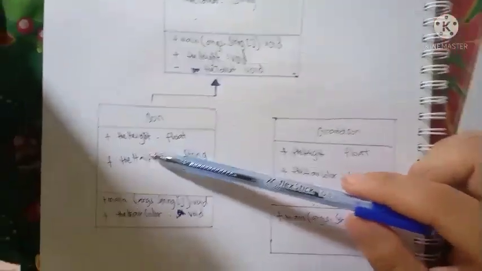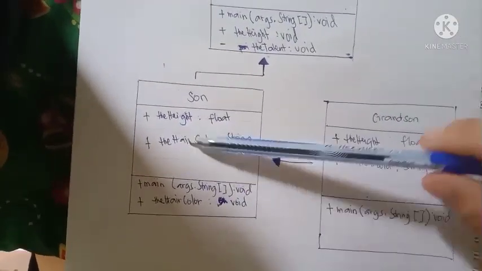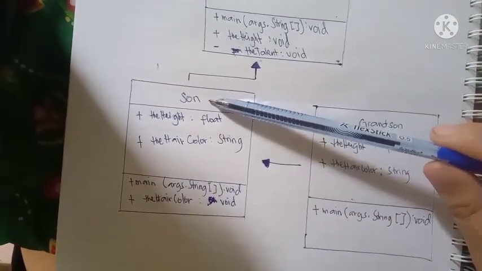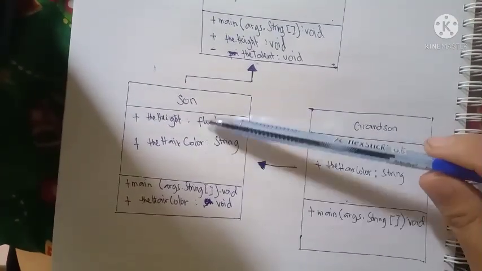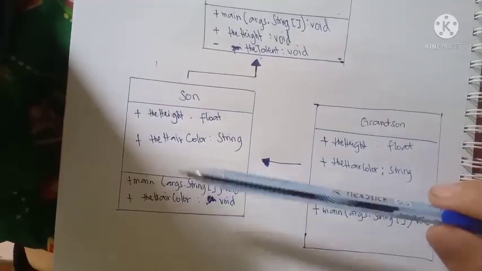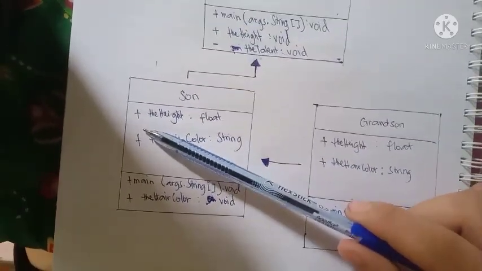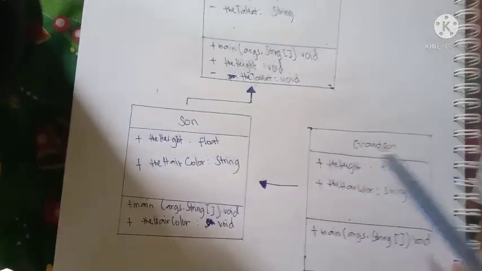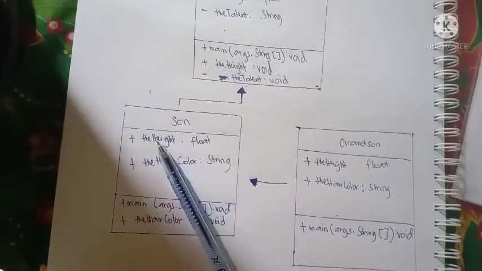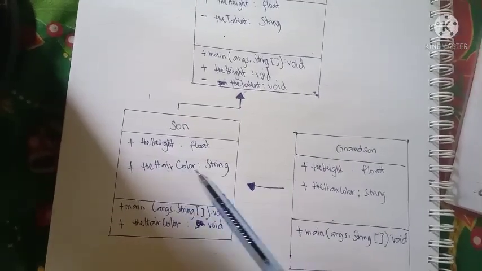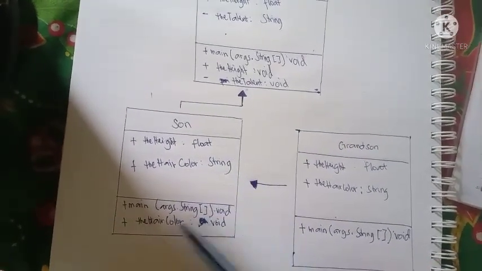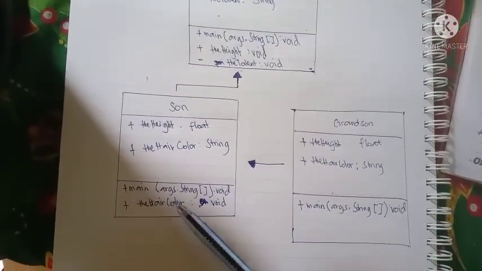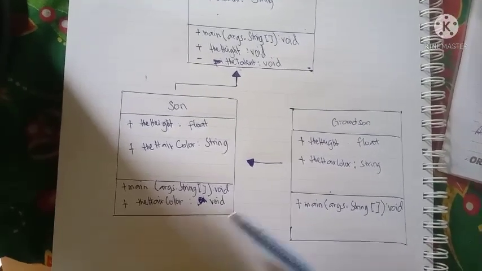Back here, this is the instance of the class, which is the son, and the attributes here, and the method. This plus sign indicates this is public, and the attribute names are height and hair color. Same goes here, the main method and hair color.